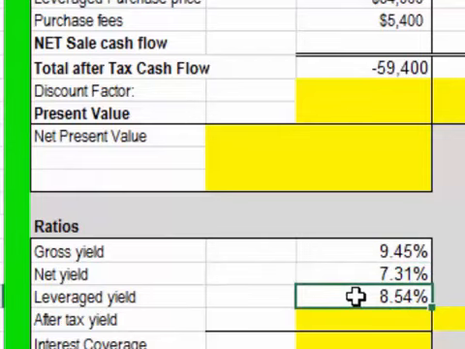The leverage yield, even though the expenses are higher because now you've got the interest cost, also the base you're dividing by is lower because you're no longer dividing by the whole purchase price, but merely the amount of cash that we had to put towards buying the property. And because of the workings of leverage, our net yield has actually improved as a result of leverage, and that's what we expect. And so we go from 9 down to 7, back up to 8.